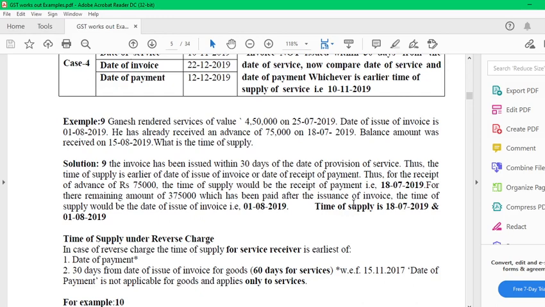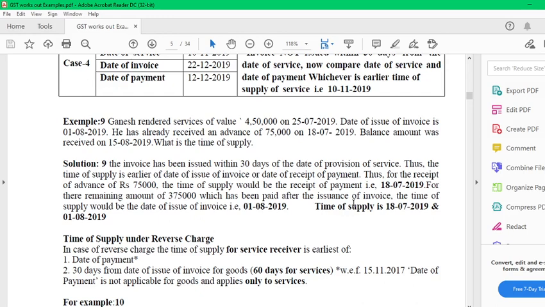What is the date of supply? Very good. Time of supply, not of service. In this problem, the invoice has been issued within 30 days from the date of provision of the service. It relates to service only. Therefore, we have to take into account invoice and payment. Thus, the time of supply is the earlier of the date of invoice or the date of receipt of payment.